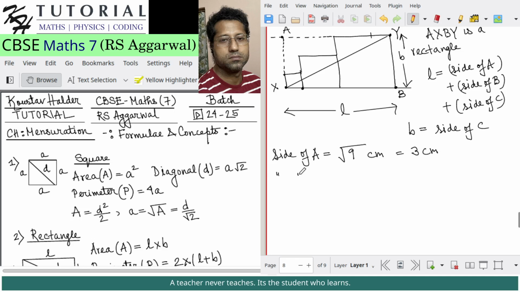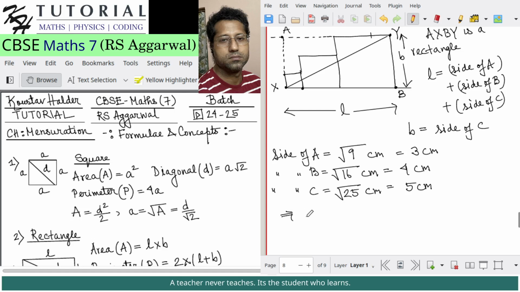Similarly, the side of B is the square root of 16, which is 4 centimeter, and the side of C is the square root of 25, which is 5 centimeter.